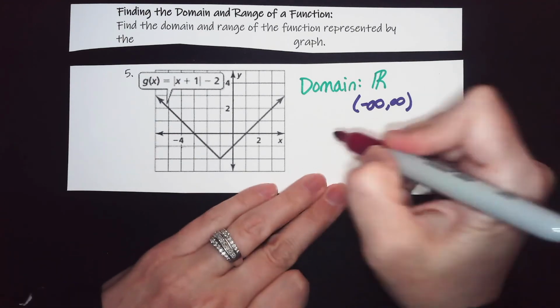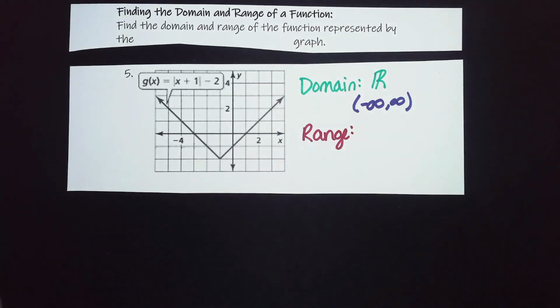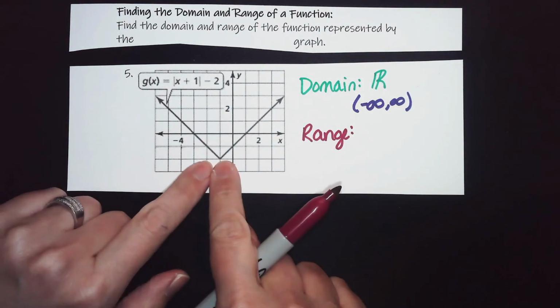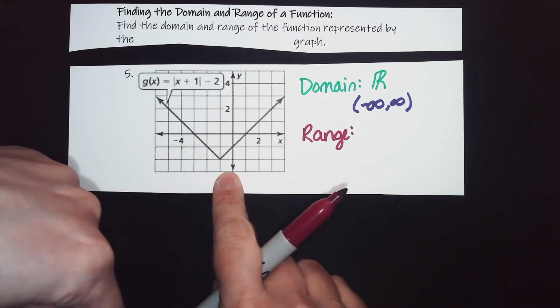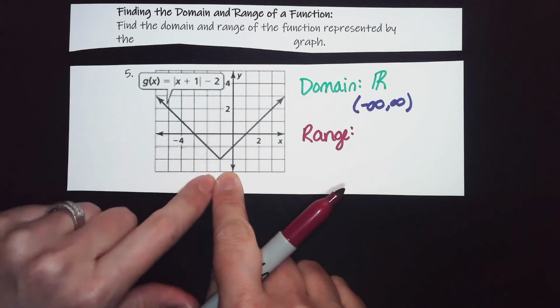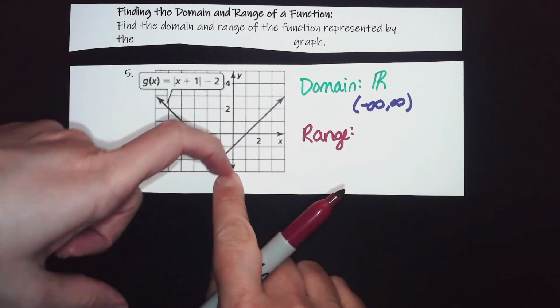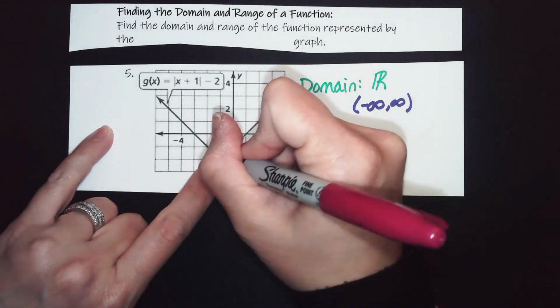Okay? Now our range does not go forever both up and down. It has a bottom to it, because we always say how low does it go first. So if it went down forever, that would be different if it had a top. So it does have a bottom, and that is when y is -2, and then y goes up forever.